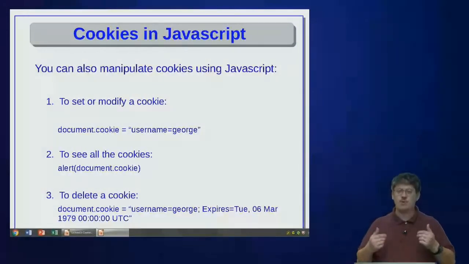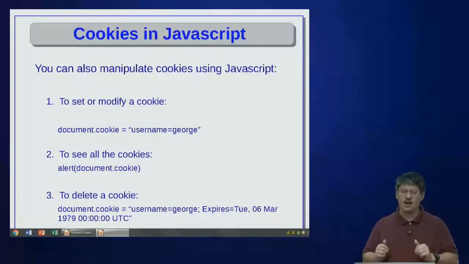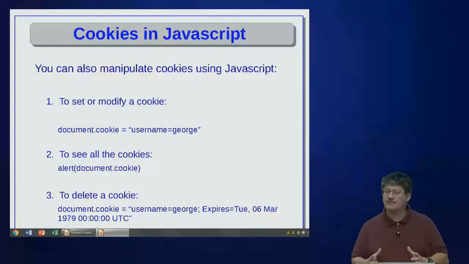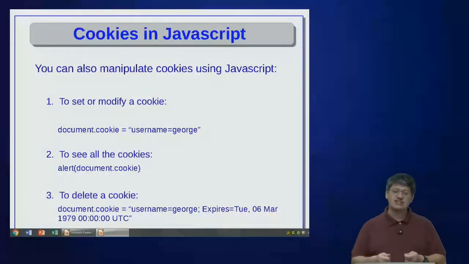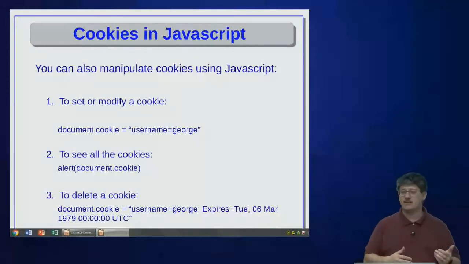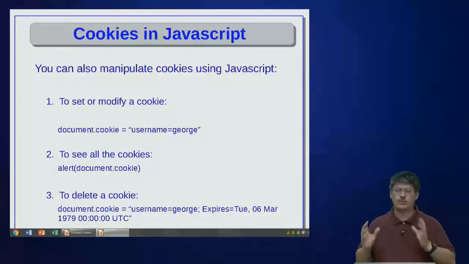Notice that if I have multiple cookies, I still say document.cookie =. If I have several different cookies, they don't replace each other. document.cookie looks like a variable, but it's actually not a variable. It's a special JavaScript object that behaves in a strange way. When you assign to it, it doesn't replace the existing value. It just appends new cookies to this internal list. So it's this weird thing.